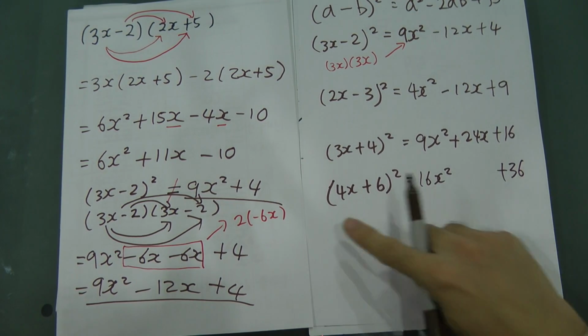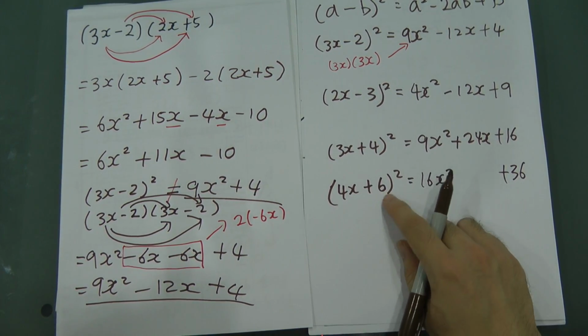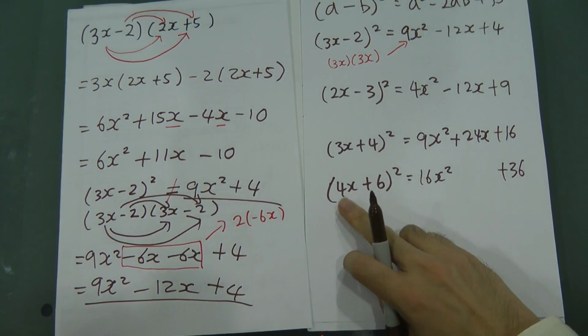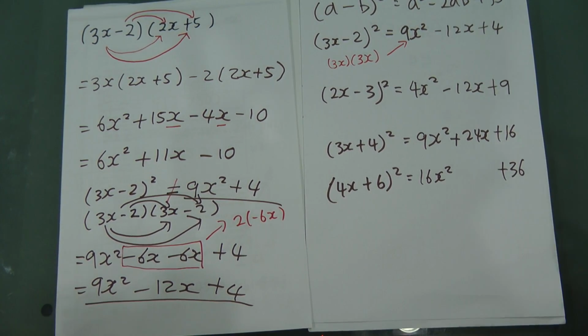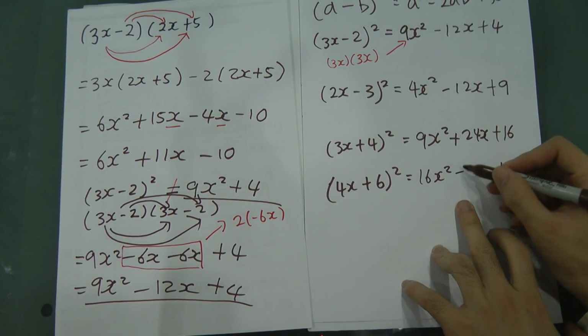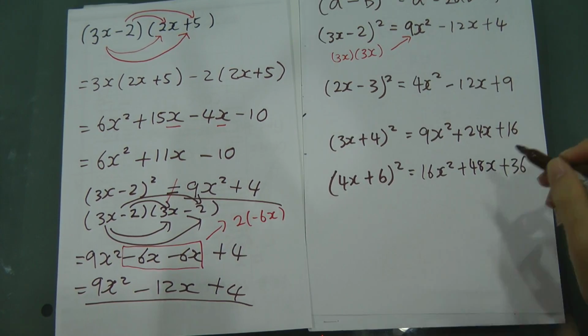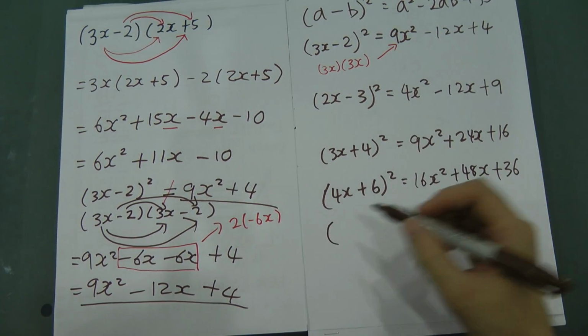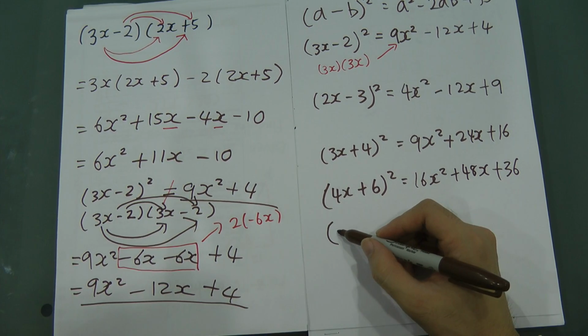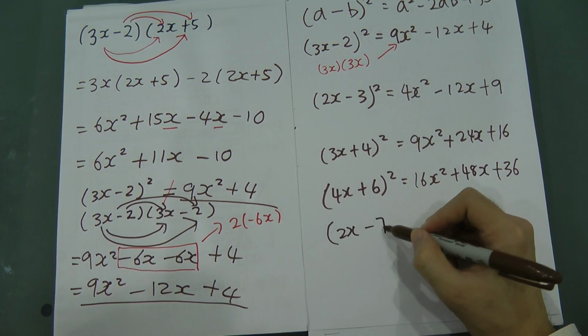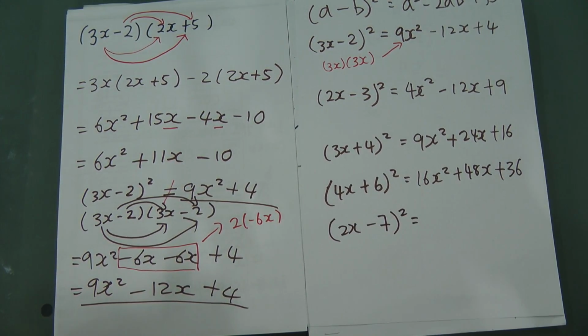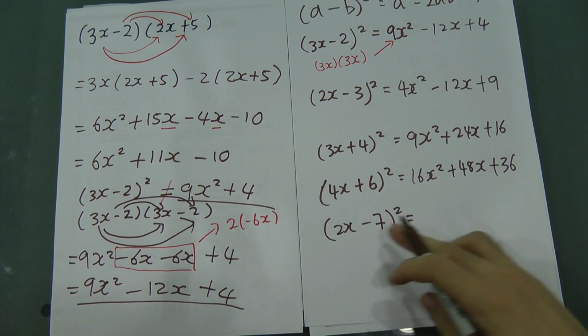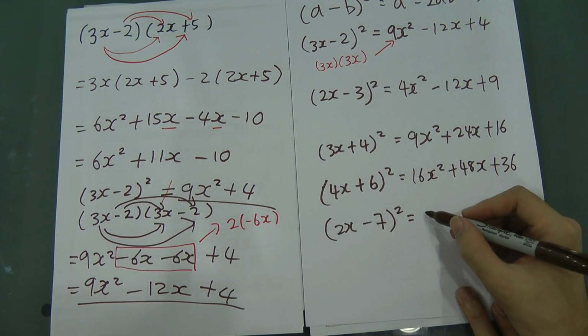Okay, and then 2 multiplied by 4x multiplied by 6. 2 multiplied by 4x is 8x. 8x multiplied by 6 is 48, so plus 48x. Okay, so let's try one more. Let's say, okay, (2x minus 7) squared. Okay, let's see, first a squared is (2x) squared.